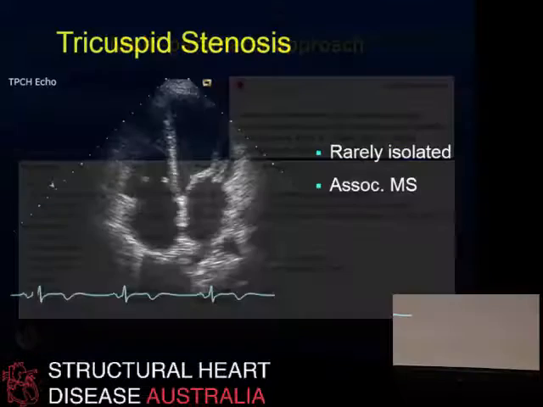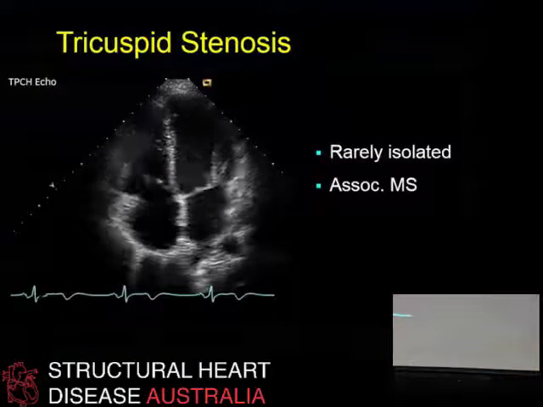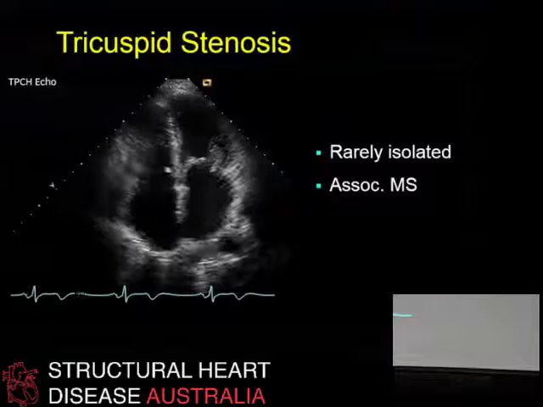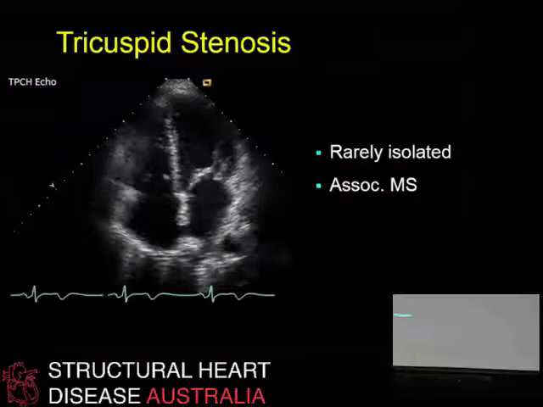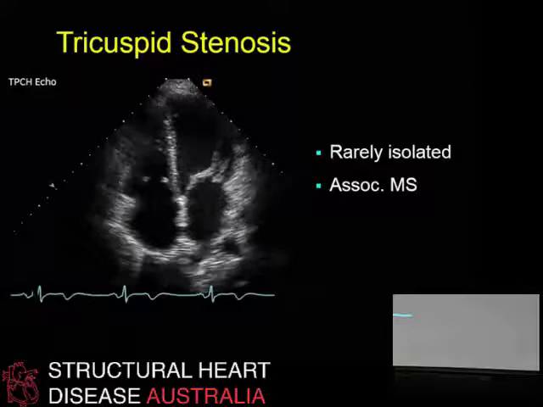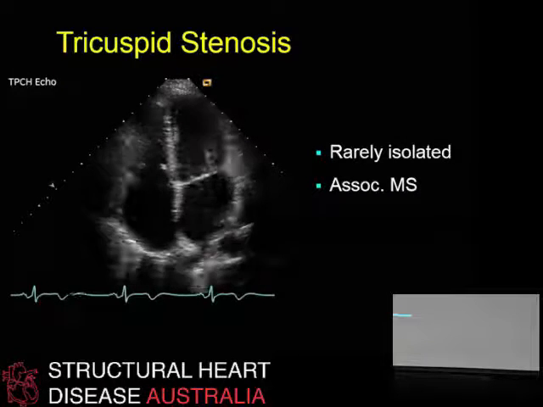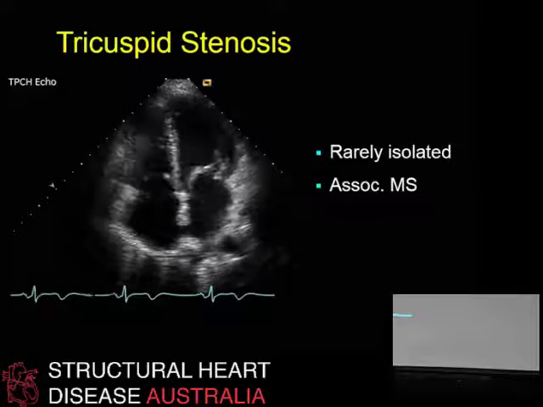A brief note on tricuspid stenosis. It's an uncommon condition and rare in isolation. When it does occur, it normally occurs in association with mitral stenosis.